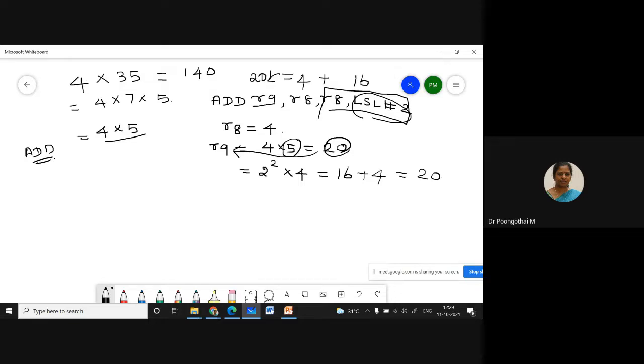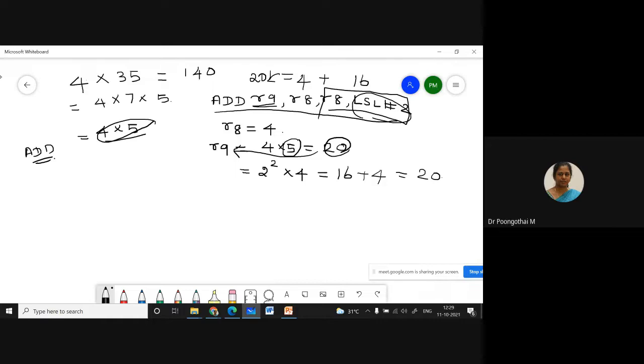Now your R9 holds this 20. So this expression is implemented by using this add along with logical shift left instruction. Are you able to follow? Yes, ma'am. This 4 into 5 we are going to perform. For that, we need to use the logical shift left operator.